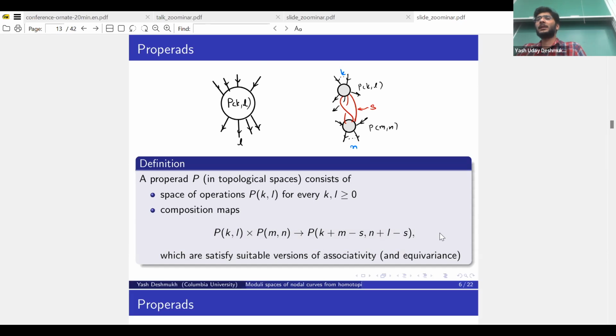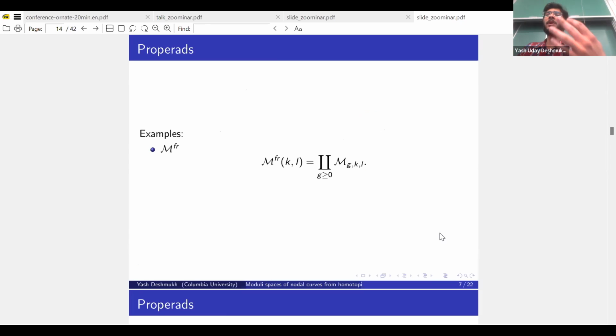So that's the structure of properads, and it should be more or less clear why we are looking at this, because all the moduli spaces of Riemann surfaces that I mentioned so far have this kind of properad structure. The first one is the moduli spaces of framed Riemann surfaces with parameterized boundaries. In this case, the space of operations with K inputs and L outputs is just all Riemann surfaces which have K inputs and L outputs, with respect to the genus.